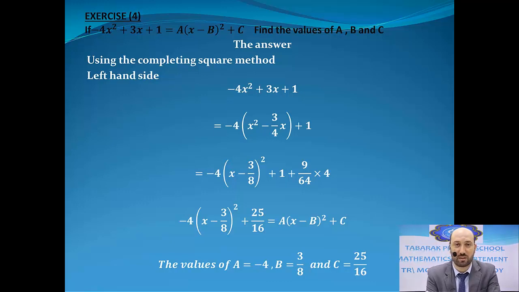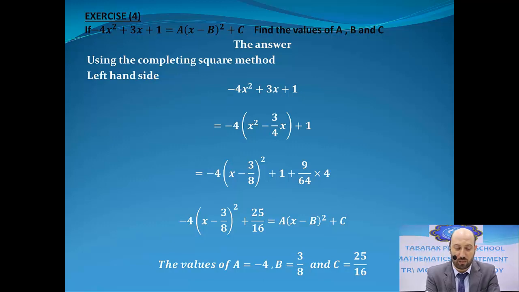Again, how could we do it here? We have negative 4 times x squared minus 3 over 4 x, plus 1. To convert it to the completing square method, we are going to take the square root of x squared, which becomes x. And the sign is negative, so we are going to put it as a negative.